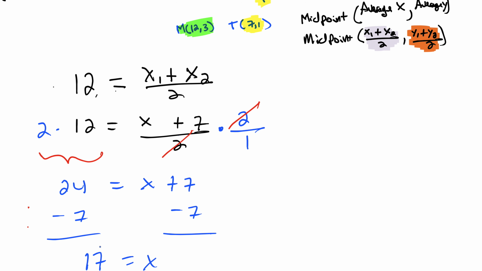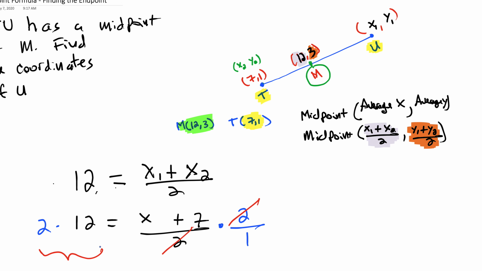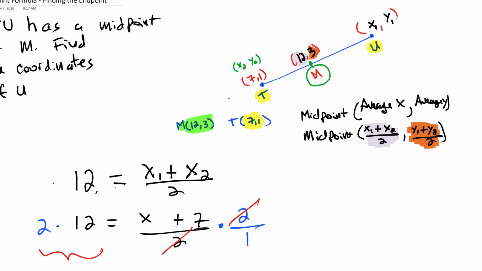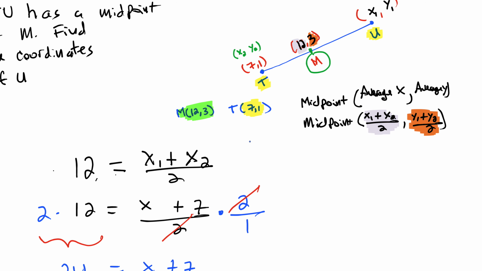Cool. So what does that mean in terms of this picture? The x value of my endpoint is 17.